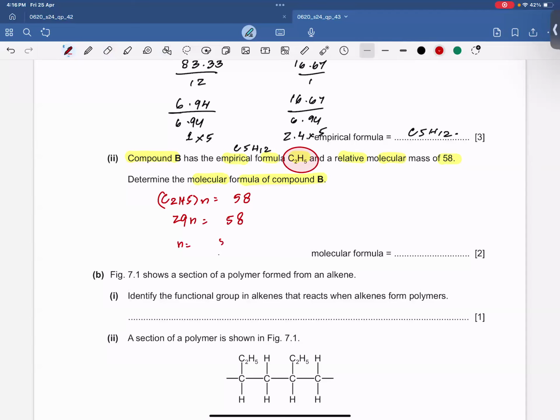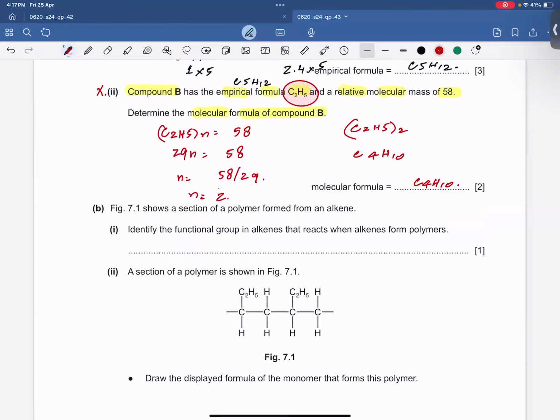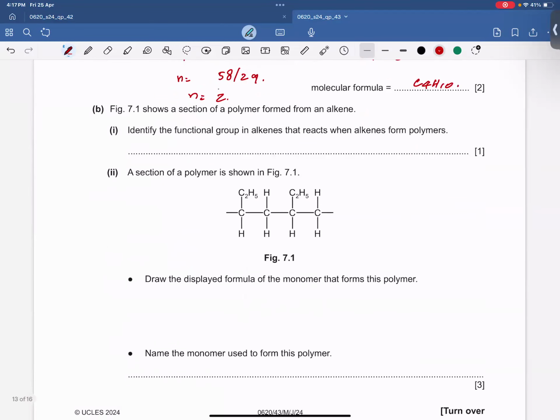So N equals 58 divided by 29. So the value of N is going to be 2. So when you plug in C2H5 taking 2, it's going to be C4H10. Okay, that is the answer. I made this mistake, so you all be careful, okay?